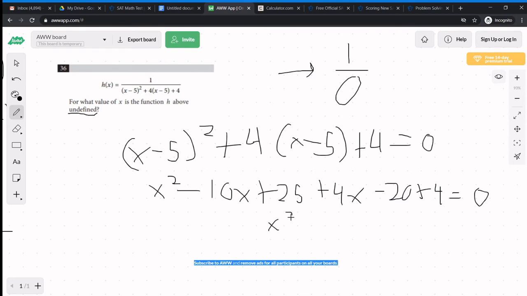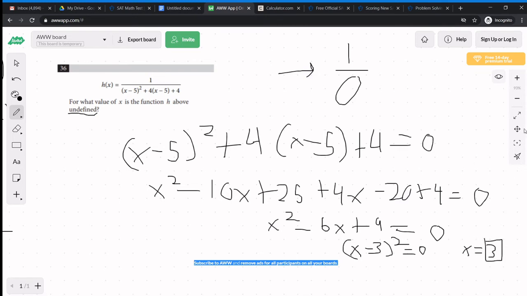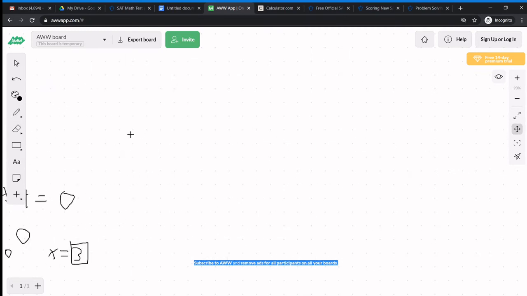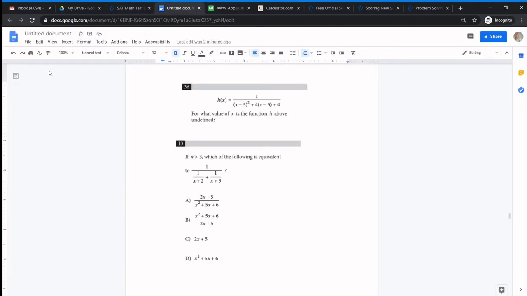So we get x squared minus 6x plus 9 equals 0. And now we can factor this into x minus 3 squared equals 0, and we get x equals 3. At x equals 3, h is undefined because the denominator equals 0. Again, if you need any help with factoring, just talk to me.